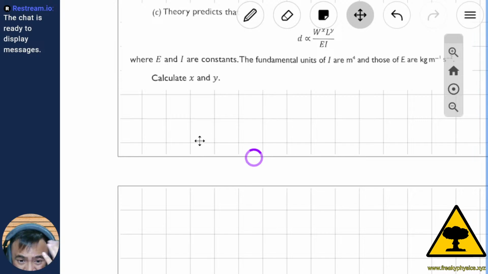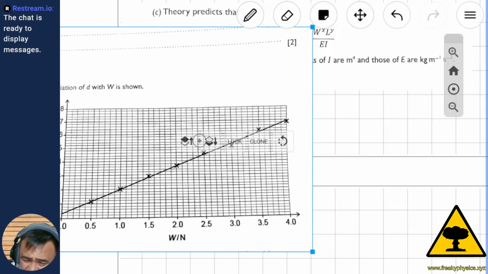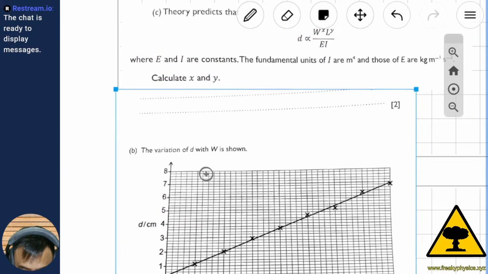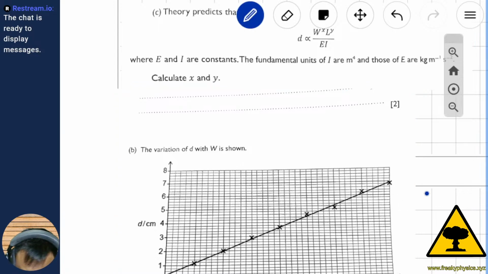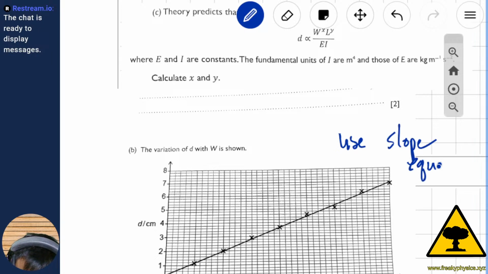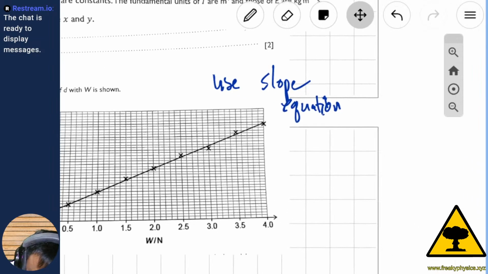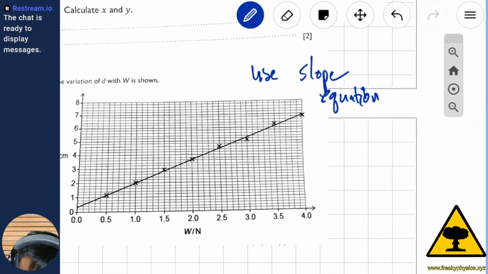All right. The trick here, whenever you see a graph and then you have a theoretical basis like this, is to use the equation of the slope. So in our case, our slope, we can just write it here.